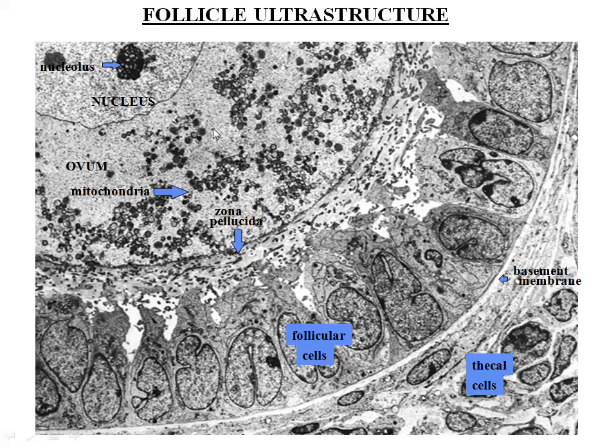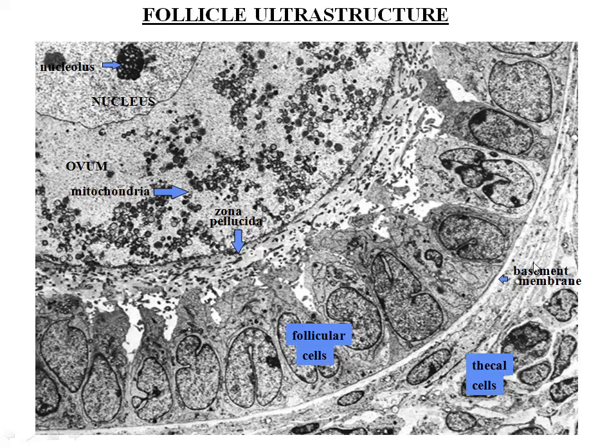This is an electron micrograph of a follicle in an ovary, to confirm whether there really is a zona pellucida and follicular cells or not. Okay, so this portion is the nucleus of the ovum. Here there are many mitochondria in the ovum, and these are the glycoprotein layer, the zona pellucida portions, and these are the follicular cells.